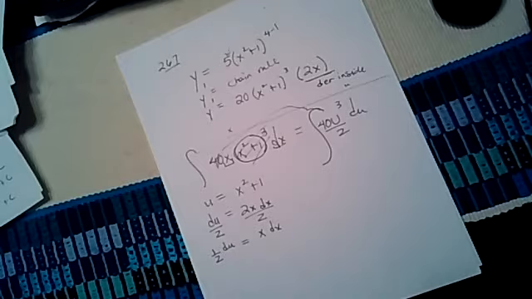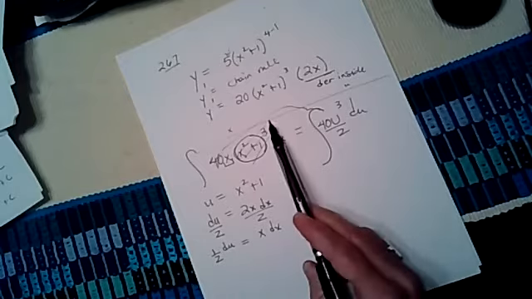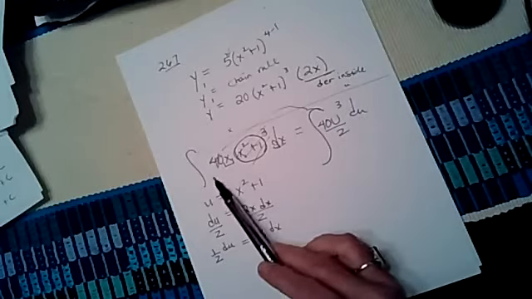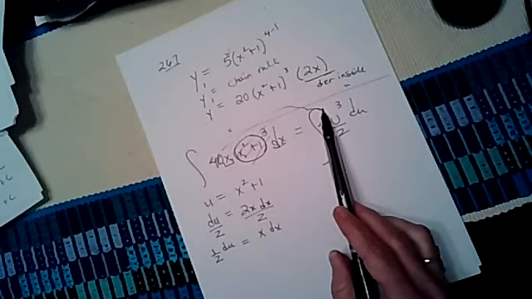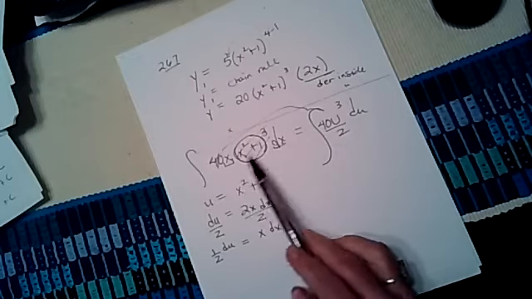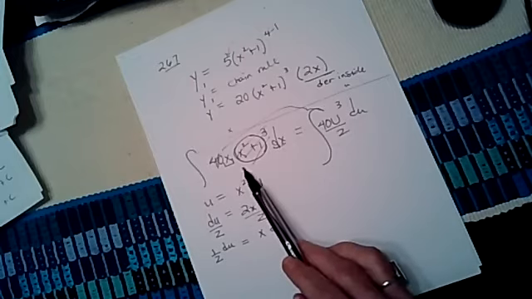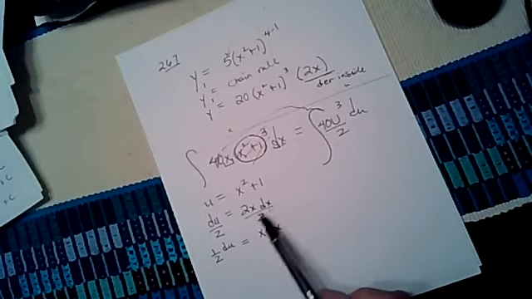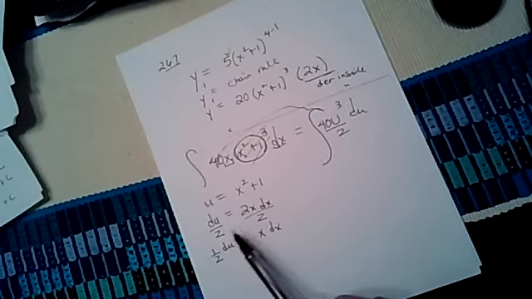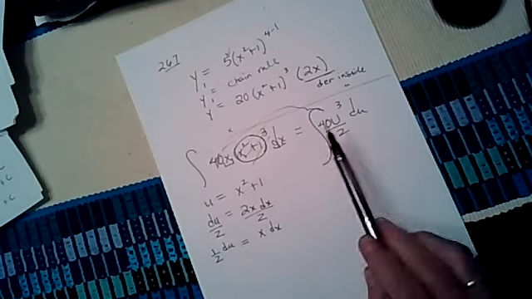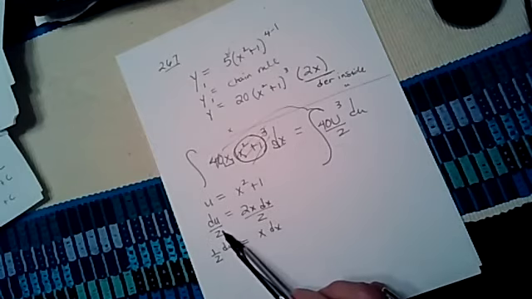I've rewritten this integral in terms of u. This was u cubed, I brought my 40 over, and I had x and dx left over in terms of x. So I looked at my derivative, 2x dx, and divided both sides by 2.